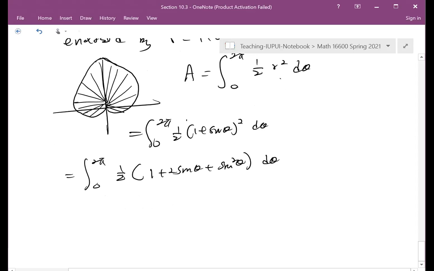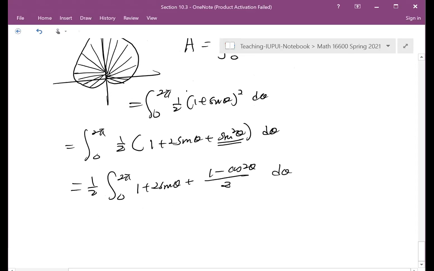The integral of sine theta from 0 to 2 pi is going to be 0. You really don't need to find that antiderivative. The only problem here is sine squared theta. Sine squared theta is (1 minus cosine 2 theta) divided by 2. Then you can find the antiderivative of each term.